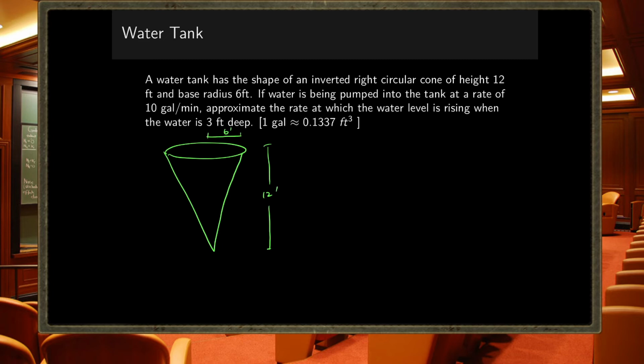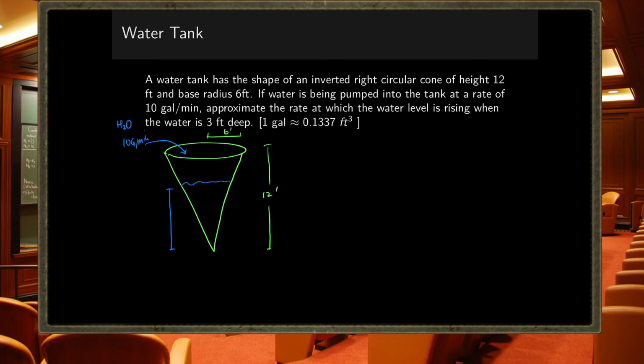Water's being pumped into the tank, so I'll use blue to pump in over here at a rate of 10 gallons per minute. So that's H2O. And let's approximate the rate at which the water level is rising. So we have a water level in here.